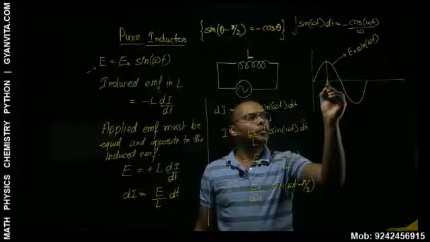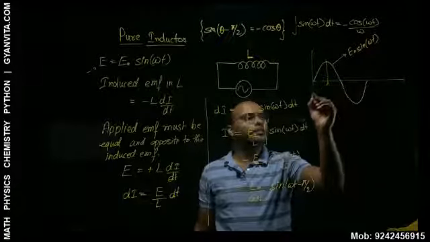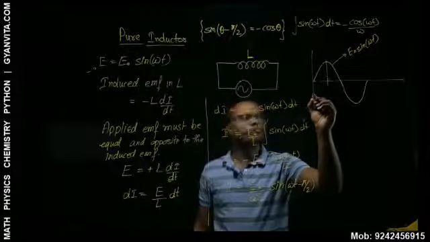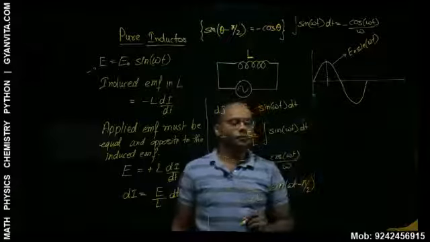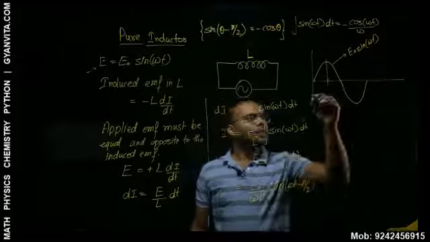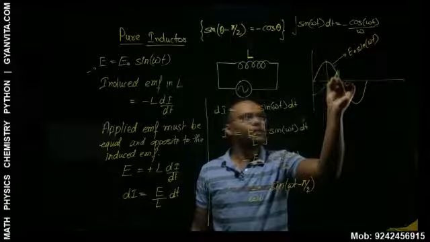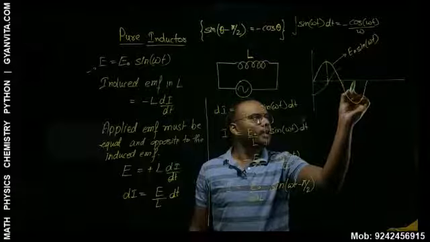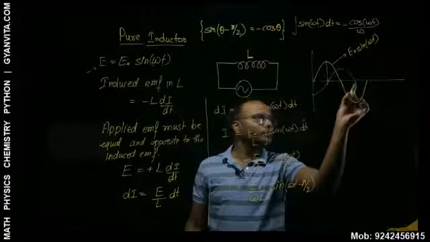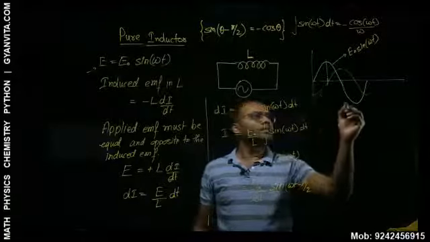So the diagram for this will be like this. Here it will be 0. At pi by 2, it will be 0. Here it will be negative maximum, so suppose this is the current's negative maximum value, and it will go like this. Here it will again be the maximum value, and again here it will be 0.